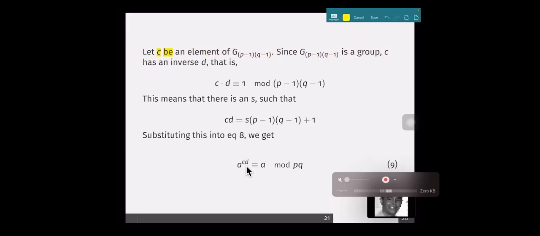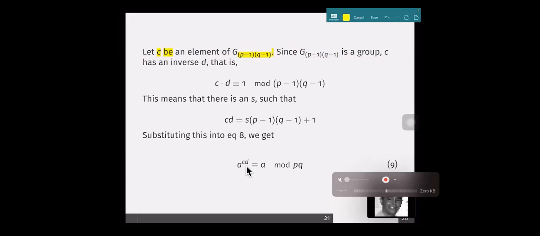Now C is very special, because we take it from another group of elements, which is the group of this one here. C is an element of that group.